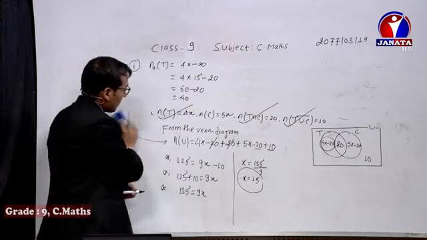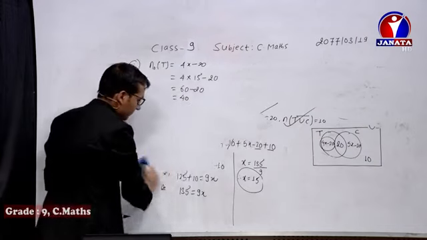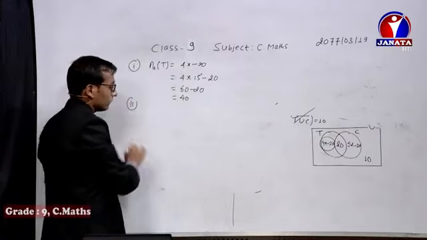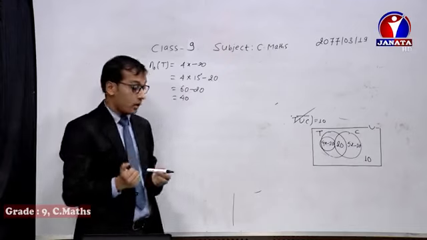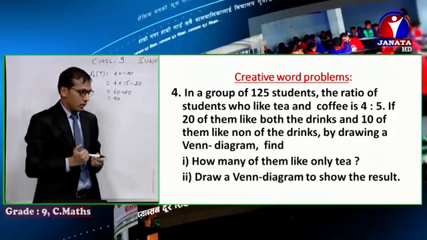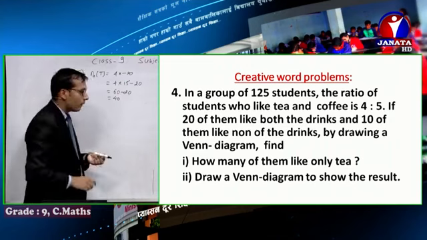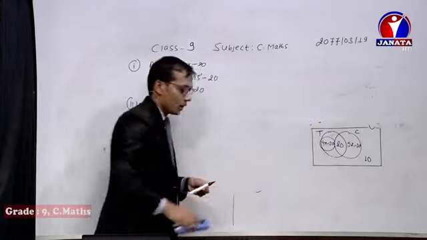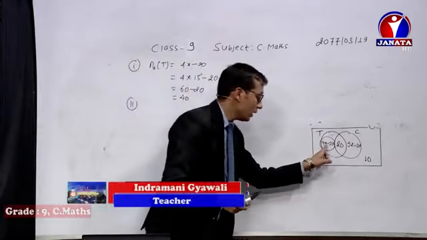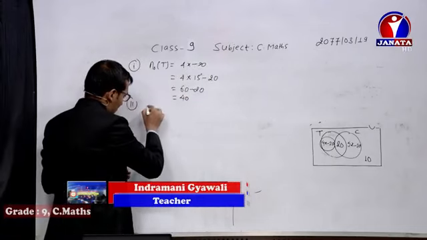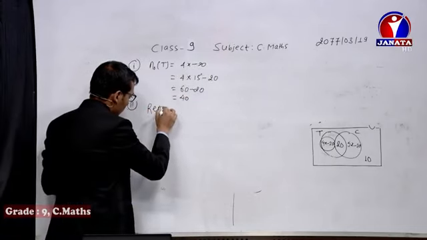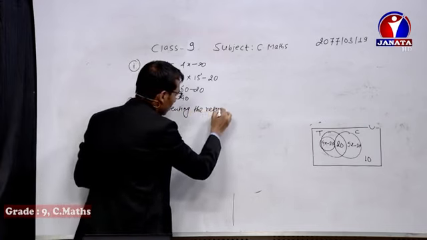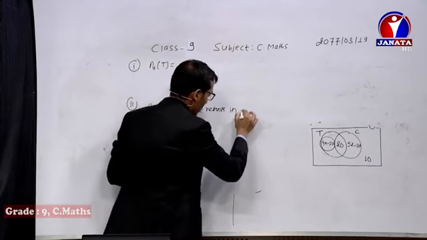Similarly, the second question is, draw a Venn diagram to show the result. Now, how to show the result? So we have calculated the value of x. Now to show the results in a diagram, we simply need to replace the value of x in the diagram. So now representing the results in the Venn diagram.